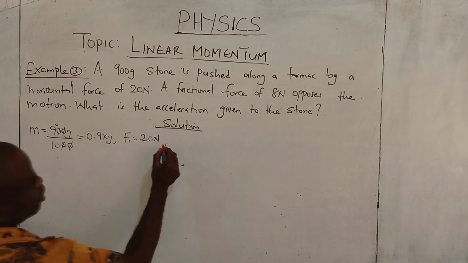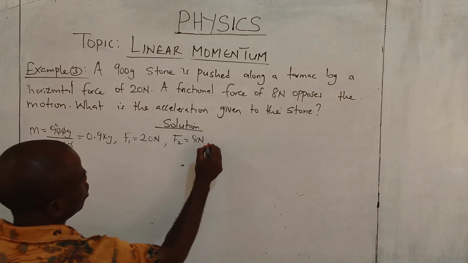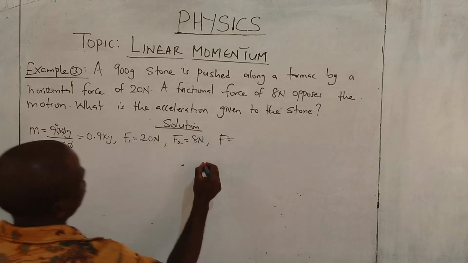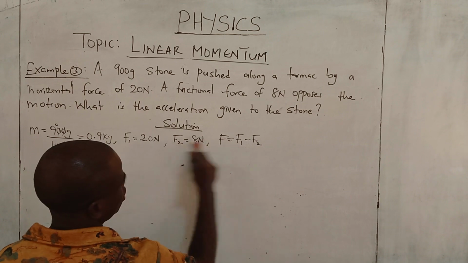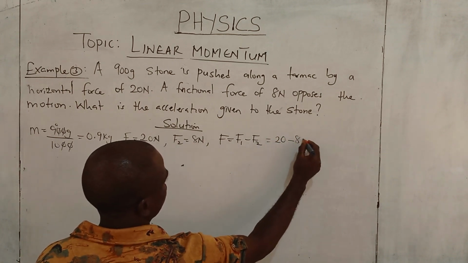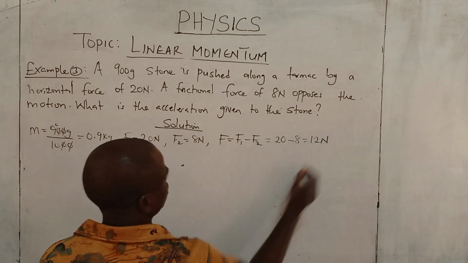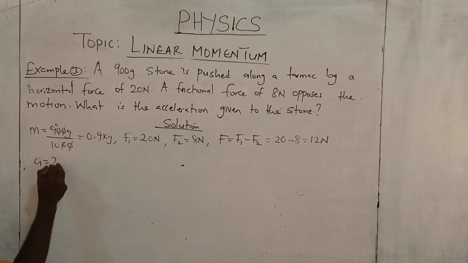The opposing force, frictional force F2, is 8 Newton. F2 opposes the motion. Now the net force is F1 minus F2 because it's opposing it, which is 20 minus 8, which is 12 Newton. That's the force. We have to look for acceleration.